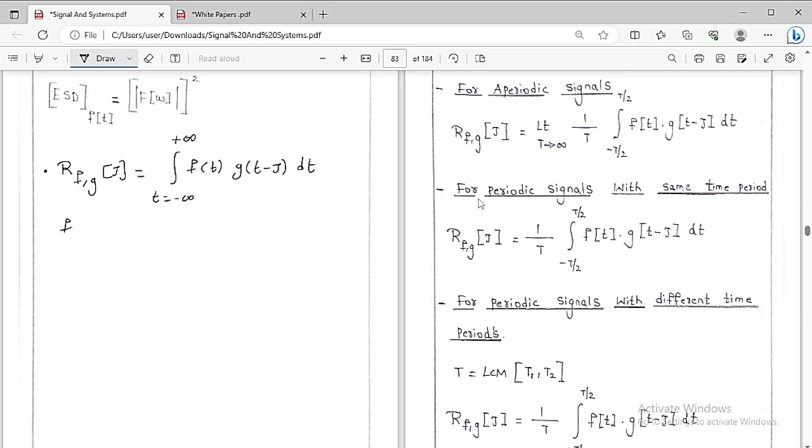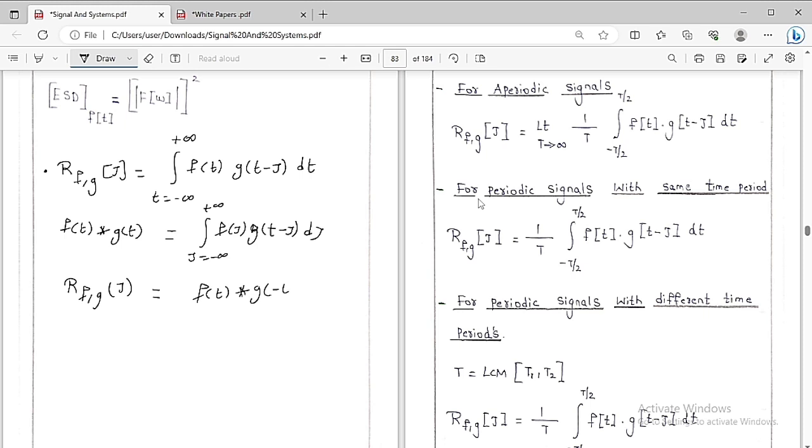And what is the convolution? F of t convolved with g of t, the formula you know, is the integral of tau from minus infinity to plus infinity of f of tau, sorry, g of t minus tau into d tau. If you want to find the relation between these two things, the cross correlation of f and g is equal to f of t convolved with g of minus t.